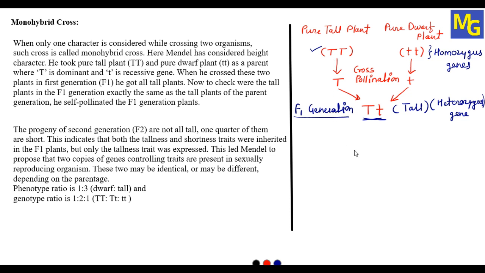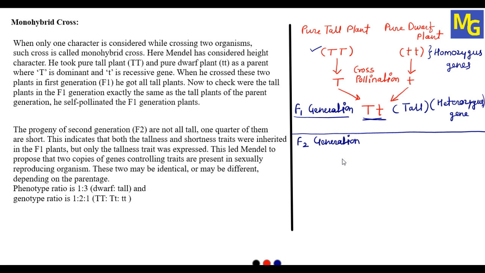And for this, we have to go to the F2 generation. So now we will start with the F2 generation. So see here, we are going to write F2 generation. And for the F2 generation, we are going to take the plant which we have got in the F1 generation.